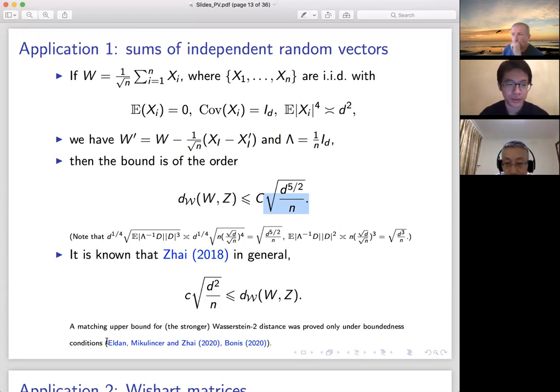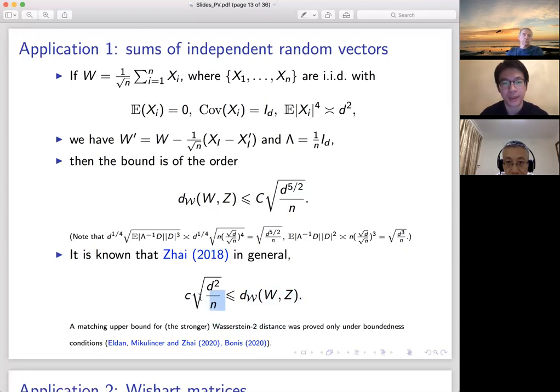Recently, Eldan, Mikulincer, Zhai, and Bonis proved a matching upper bound for an even stronger distance called the Wasserstein 2 distance. Our distance is Wasserstein 1, which is a minimum L1 norm. The Wasserstein 2 is a minimum L2 norm under all couplings, so it's larger than this d_W.